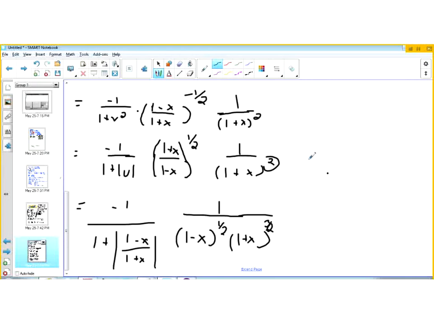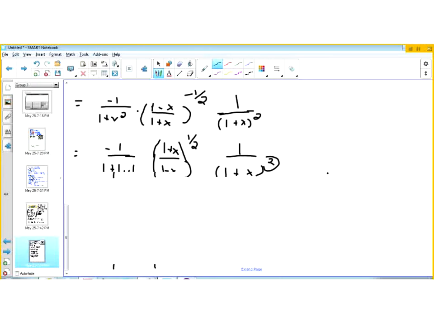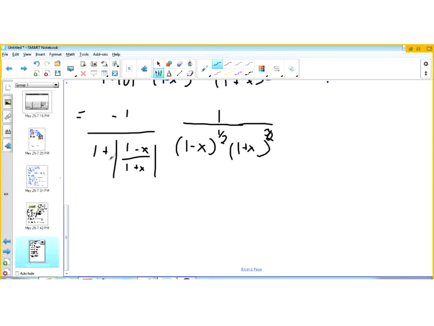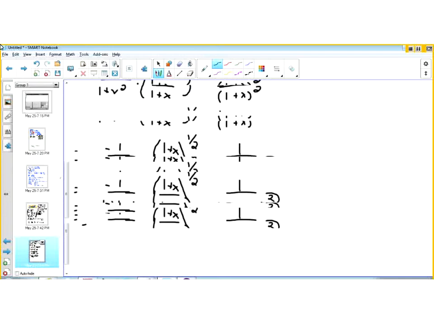Now, let's see here. Can we simplify even further? Square root of x squared. So let's see. And then this would be the square root of that. Yeah, I think we can go further. It might be kind of dangerous to go further.